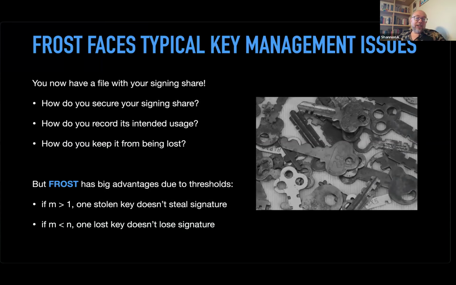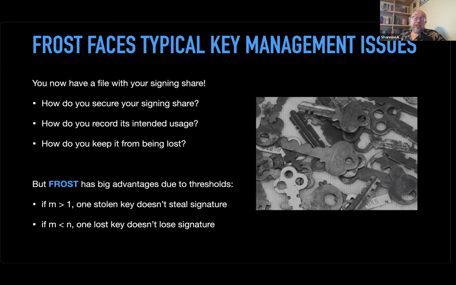So I should stop and note here that though we can start to see solutions for the UI of Frost, we're still going to have all of the typical issues with key management that we've always faced and are still looking for great solutions in. You have to secure your share, you have to record its purpose, you have to make sure you don't lose it. If you're using a threshold signature, though, which Frost allows, you're also going to get advantages.